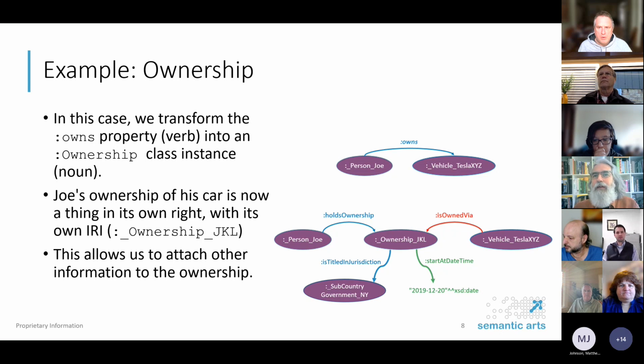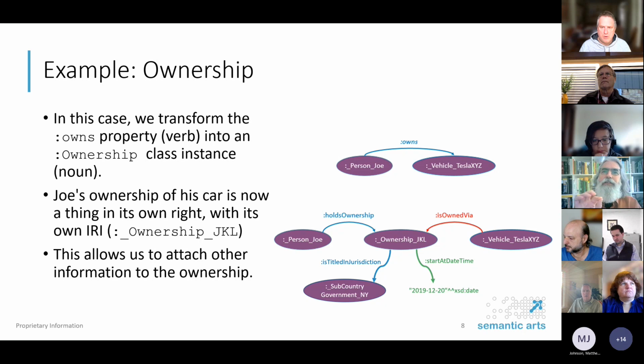But we can also have other information like the ownership is titled under the jurisdiction of some particular government. Now we've got an additional party or an additional entity participating in this temporal relation.